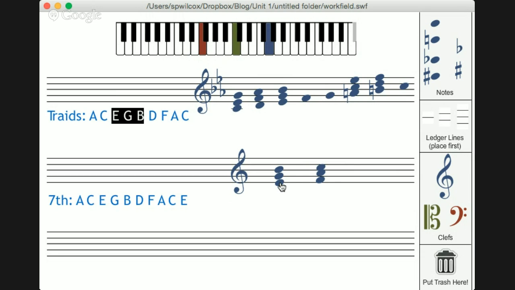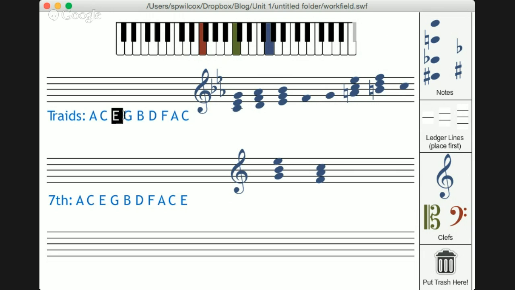But if we invert it, and remember, I'm not going to change any of the letters here. So EGB, now here's GBE, right? But it's still the same three letters. It's still the same triad. So EGB, but if the G's in the bottom, it's in first inversion.